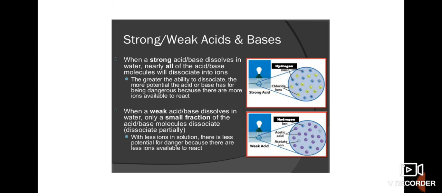Once the whole concept is clear for this particular portion, you should understand what exactly we mean by dilution. Remember, dilution means the process by which water is mixed with an acid or a base to reduce its concentration.